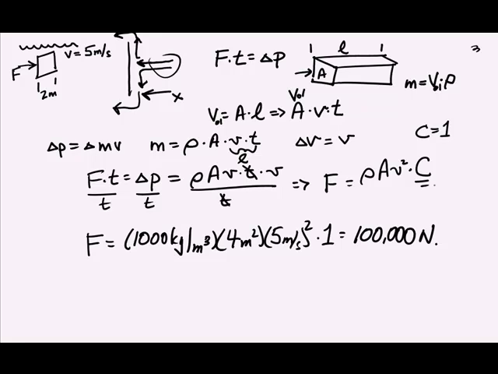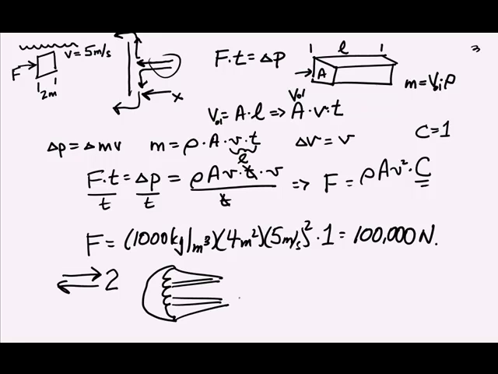Just a note about this value of C. Remember, if we're thinking about balls of clay that stick against a plate as being a value of 1, if we end up bouncing off and we return with the same value, we know that the velocity changes twice as much. What would be an example of that? If I was trying to drag a parachute through the water, it has to get in there and turn back around before it comes out.